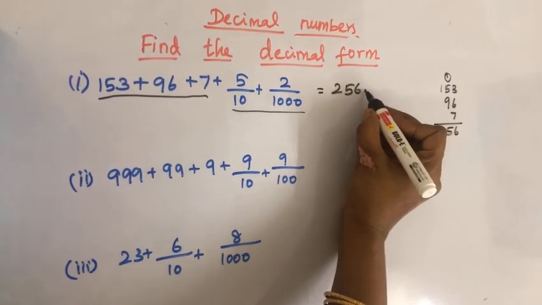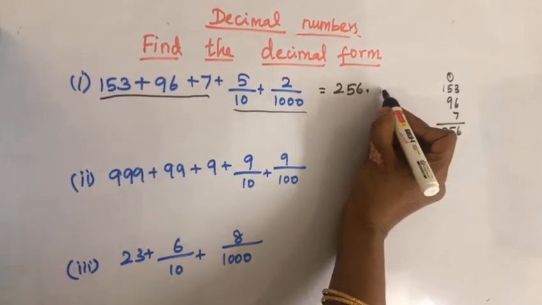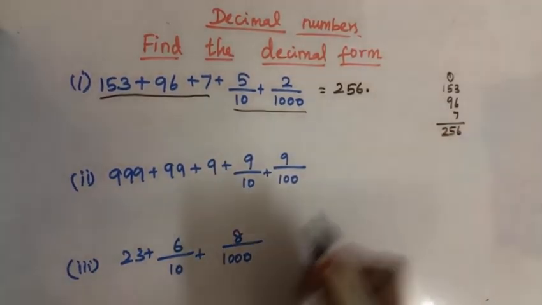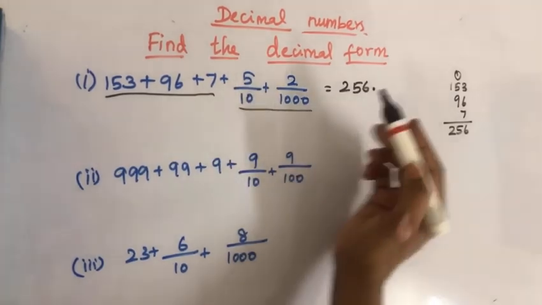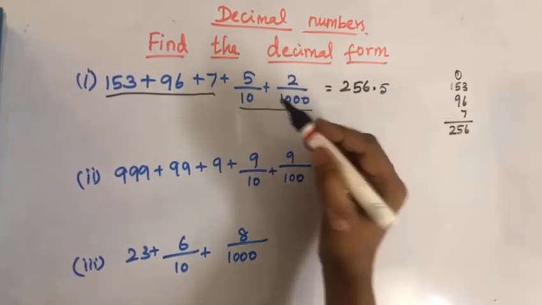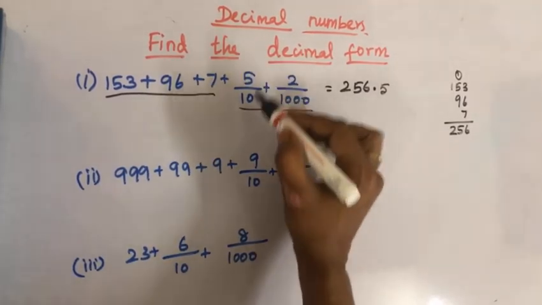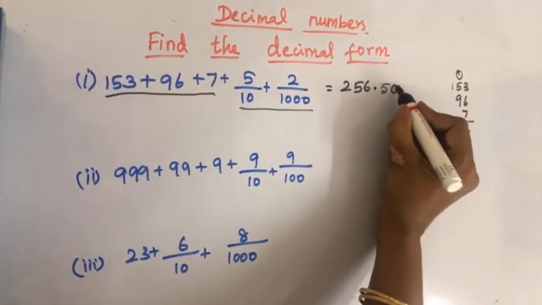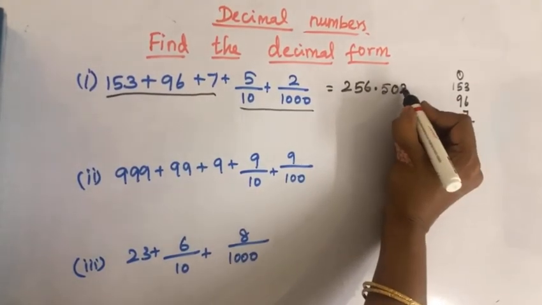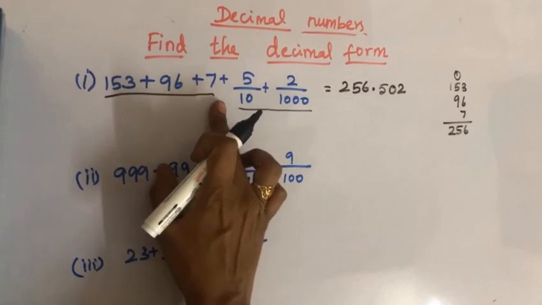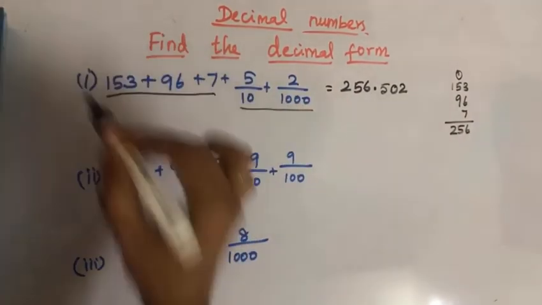After the decimal point, the first one is tenth, the second one hundredth and the third one thousandth. Likewise, it will go on. In the tenth place, what number do you have? 5. What about hundredth? No value here in the hundredth place, so write 0. In the thousandth place, you have 2. So, 256.502 is the decimal form of this fraction.